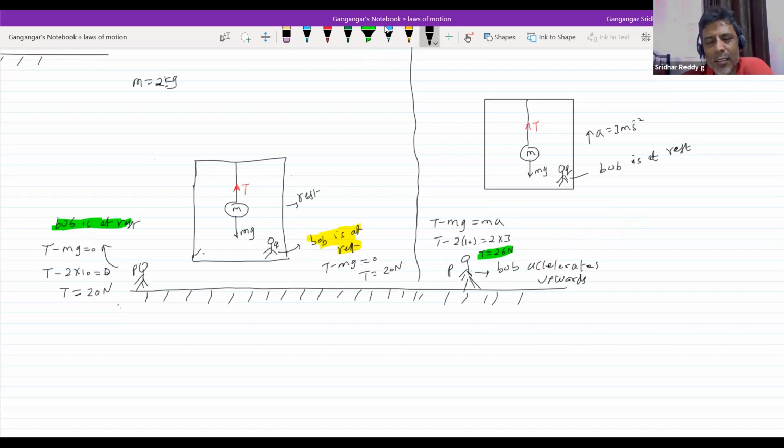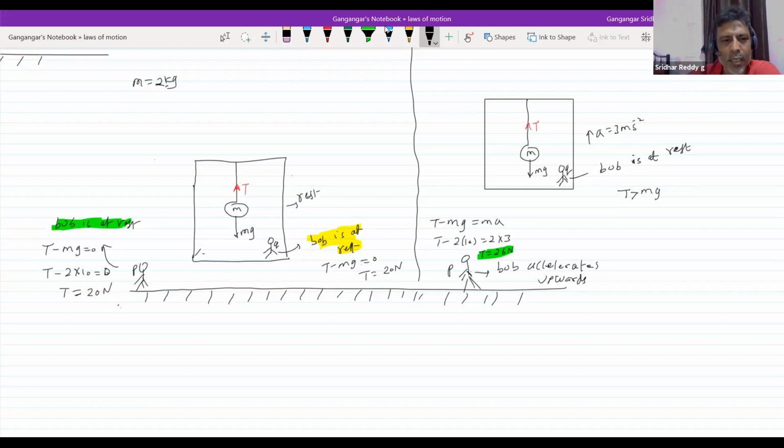He'll measure tension. Here I think the real trouble will start. So what equation do you write? T minus mg equals 0. In fact, he'll measure tension, and there'll be some instrument, a spring balance, which will read the tension. So what is T? 26 Newton. And what is mg? 20 Newton. Though tension is greater than weight, still he said the Bob is at rest. I think there's some big problem here, no?